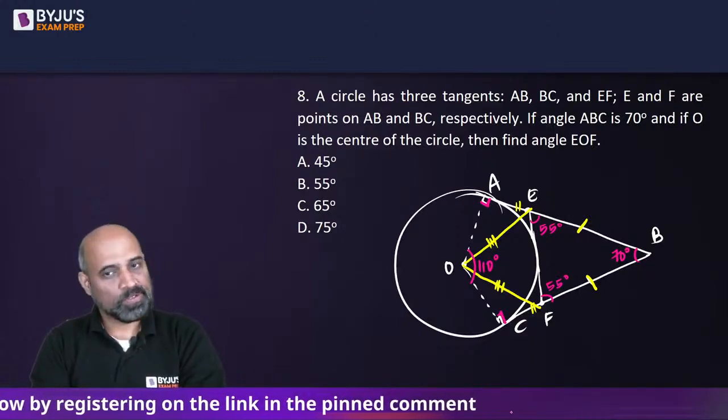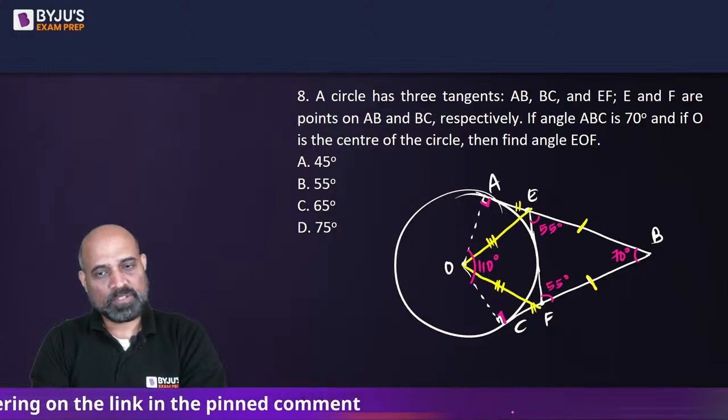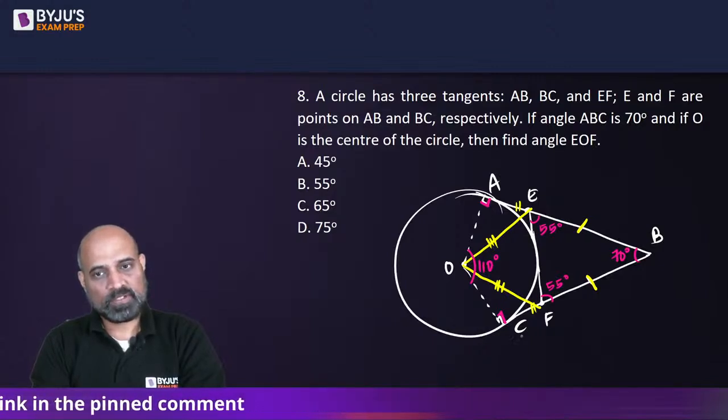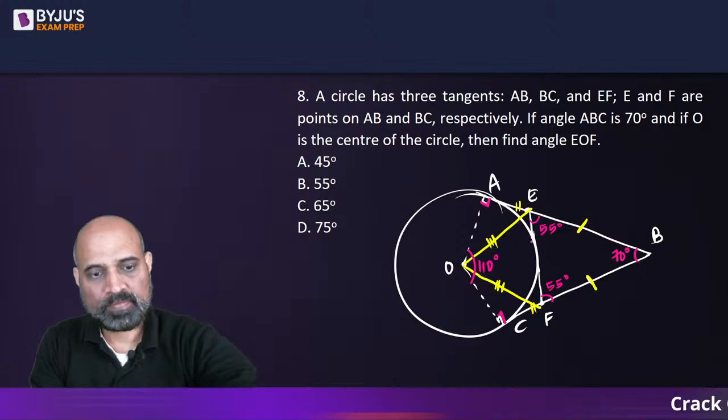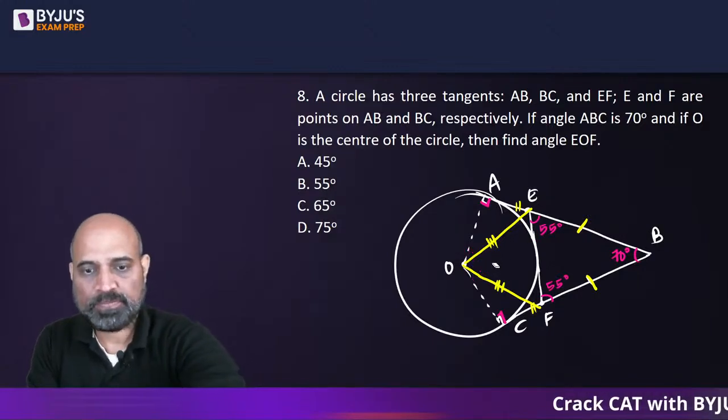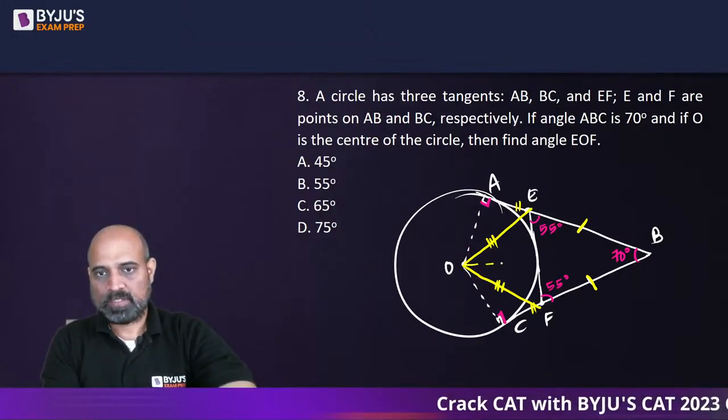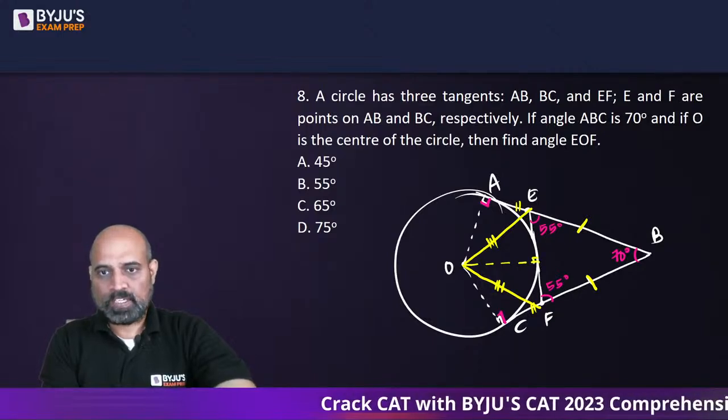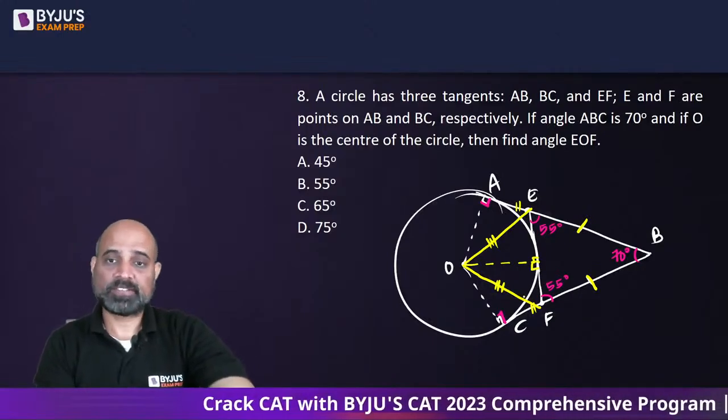Now, if we think about this, if I draw this, this will also be 90 and this is going to be the radius.